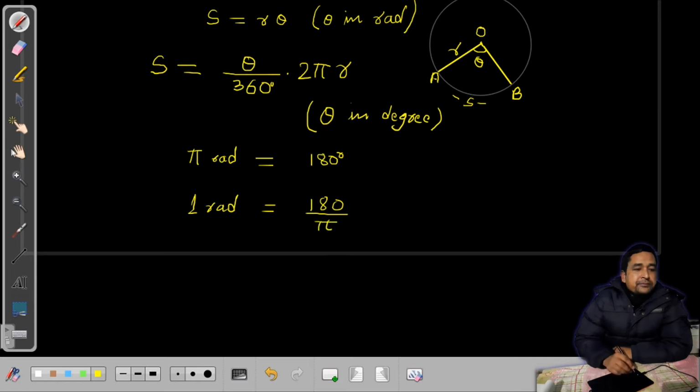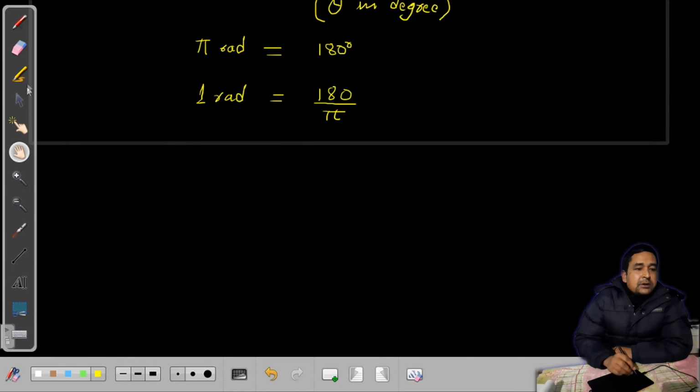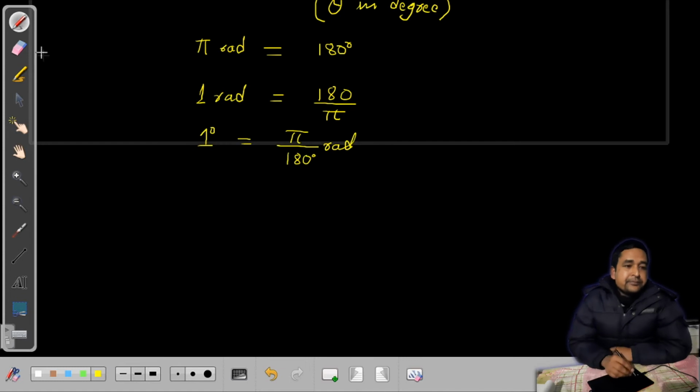Similarly, 1 degree equals pi upon 180 radian.